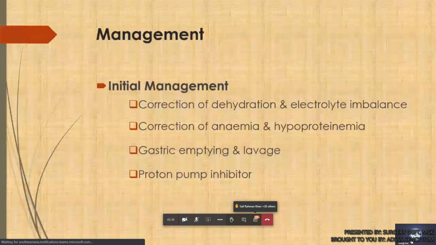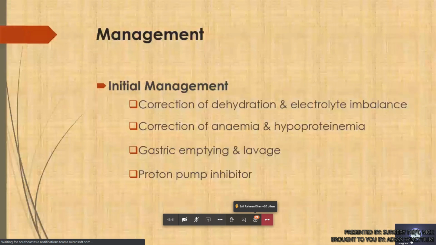The initial management is correction of dehydration and electrolyte imbalance. Then you have to give normal saline so that sodium and chloride can be given together with fluid, and correction of anemia has to be done. Hypoproteinemia has to be corrected.